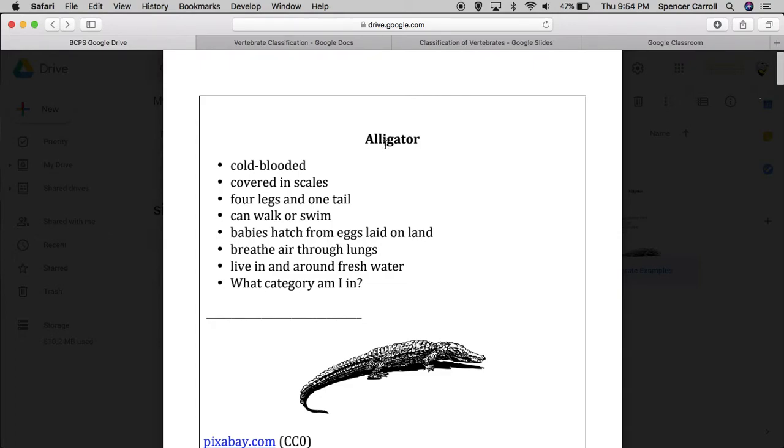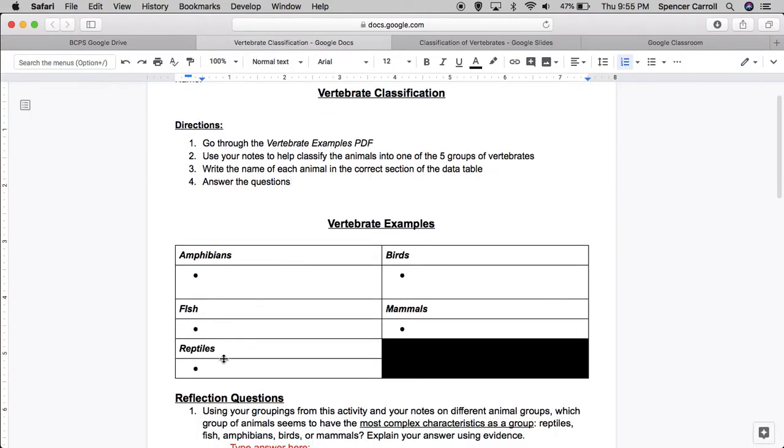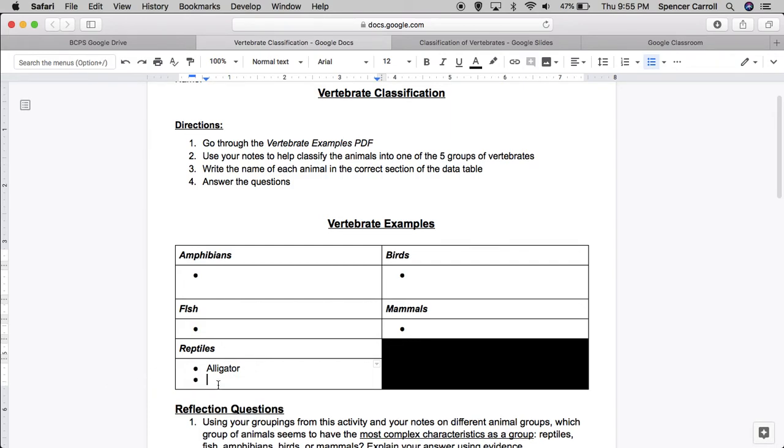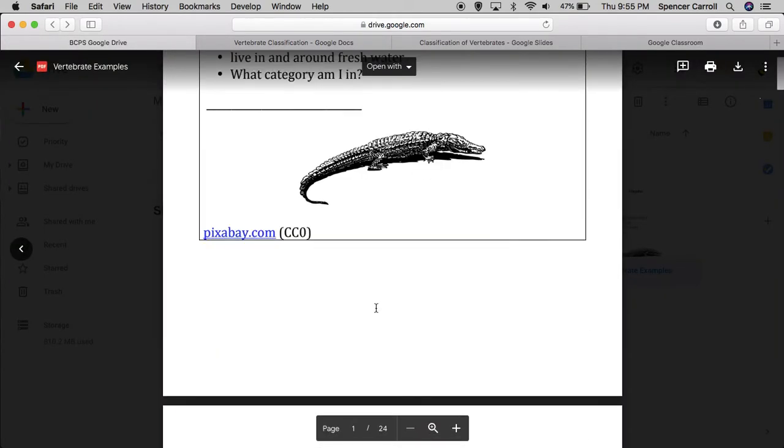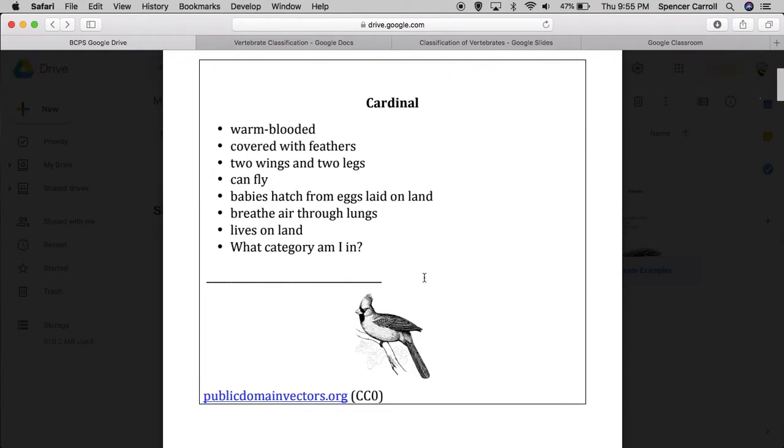I know that the alligator now is a reptile because it matches all of the characteristics of the reptile category. So I'm going to go ahead and put alligator in the reptile category. I can hit the enter key or return, and that gives me a space for another reptile. Now I'm going to continue that process for the remaining organisms.